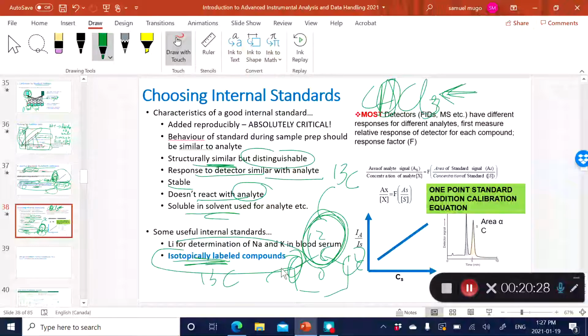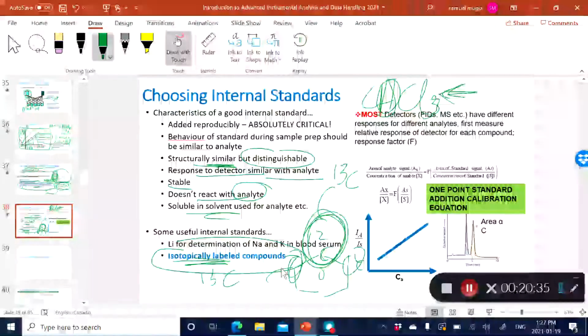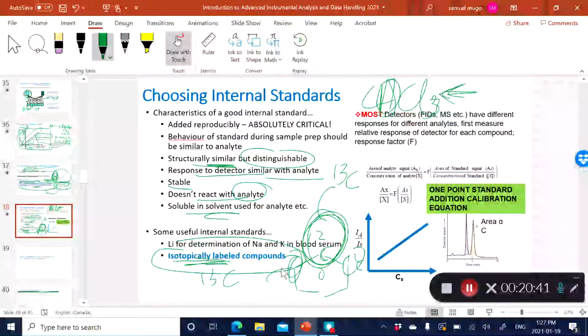And so you have to look at another alternative in the event you don't have an isotopic label of your standard, which is the ideal internal standard. Okay? And the next best option of an internal standard would be things like an isomer.